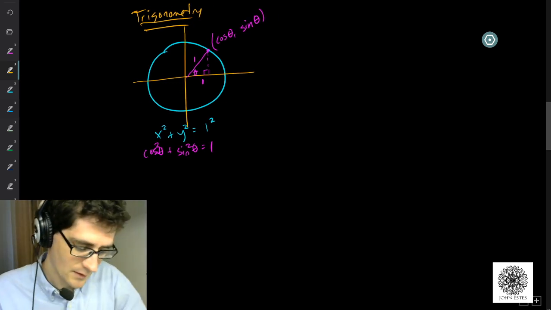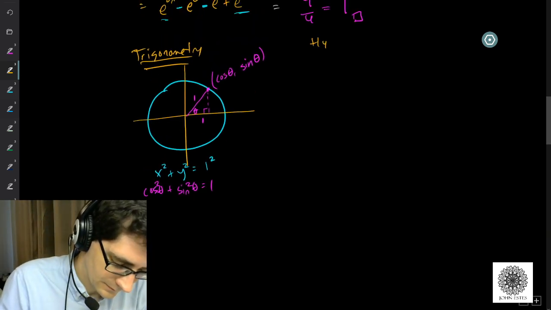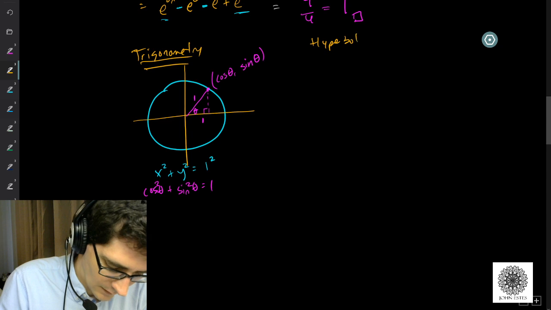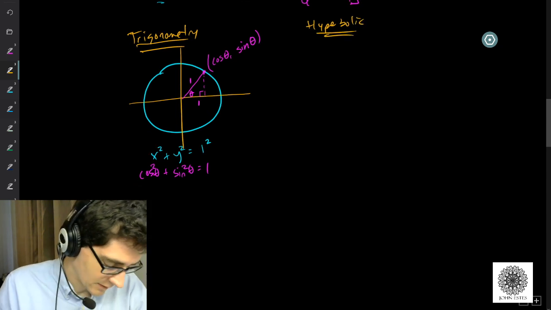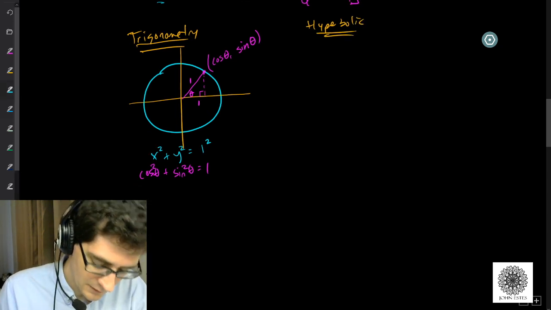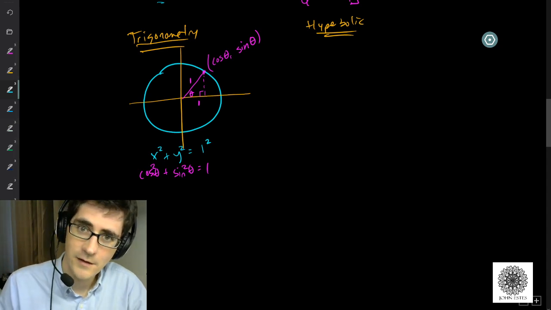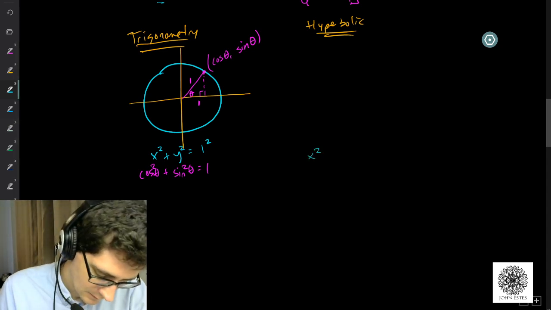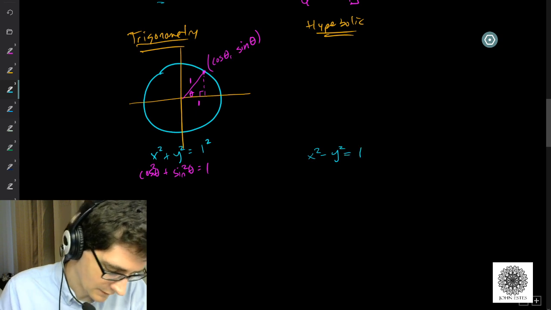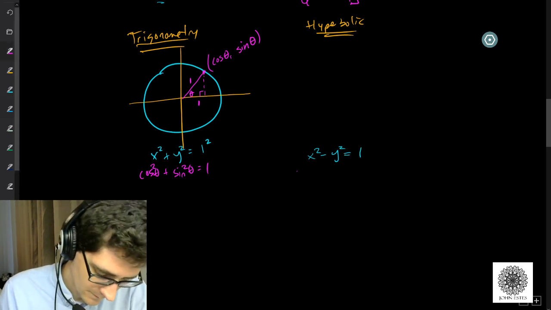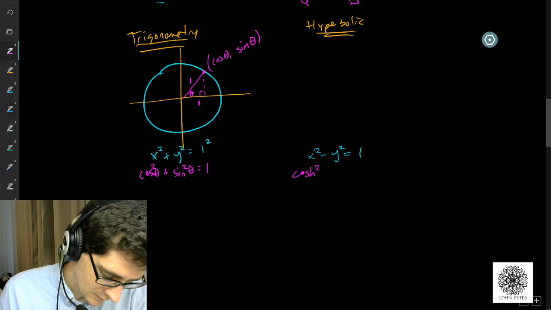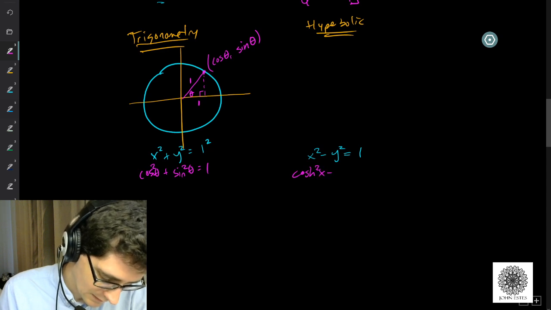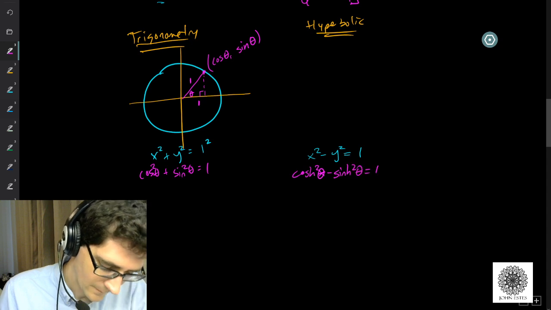Now, in hyperbolic world, we can't look at x squared plus y squared equals 1. We look at x squared minus y squared equals 1, which translates to, hopefully, cosh squared theta minus sinh squared theta equals 1.